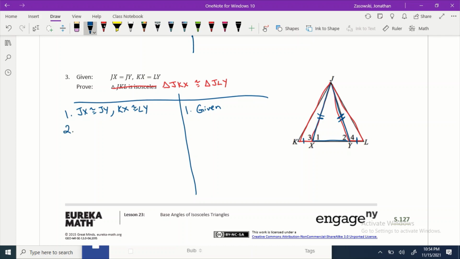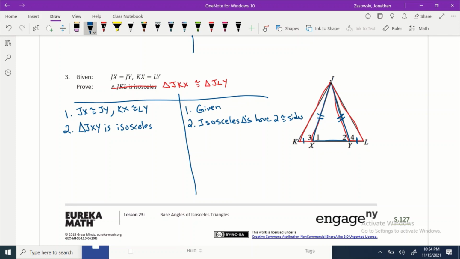So number 2, right, if it has two sides congruent, we know that triangle JXY is isosceles. And then how are we going to prove it, right? Isosceles triangles have two congruent sides, or you can say a triangle with two congruent sides is isosceles.